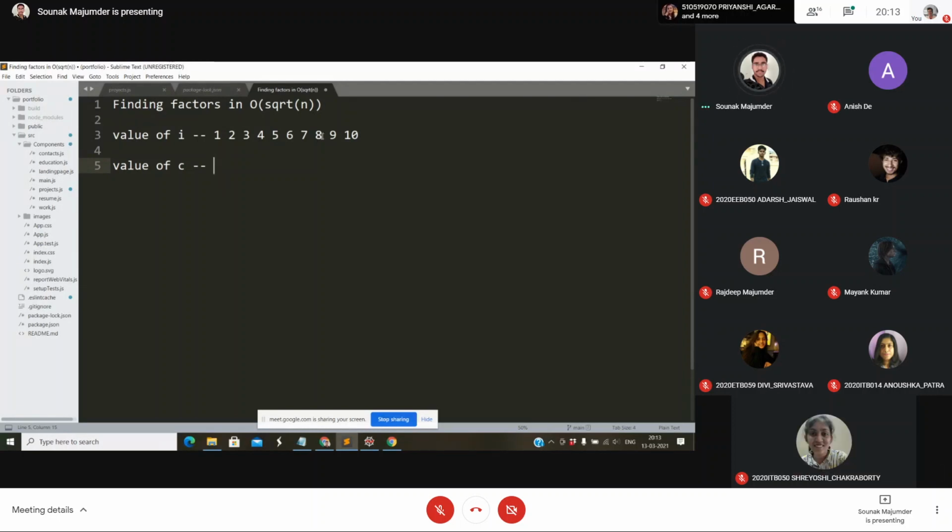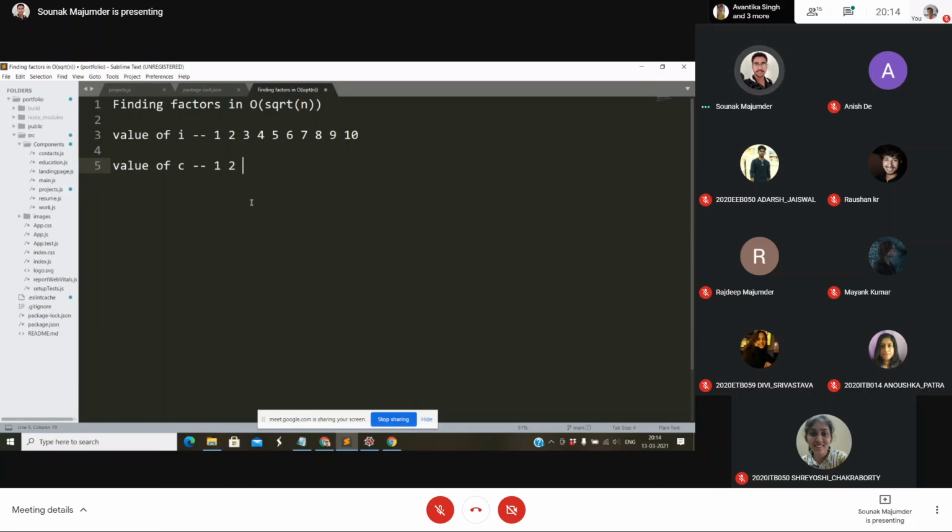For example, let's say n equals 10, and let's keep the count of the factors in C. When i equals 1, it divides 10, so the count C is increased by 1. If it was earlier 0, now it becomes 1. When it comes to 2, it again divides, so C is 2.